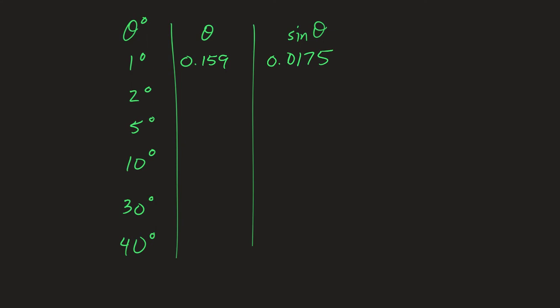Okay, so whoever told me the conversion of 1 degree to radians did it wrong. 0.0175. It's 0.01745. Thank you.